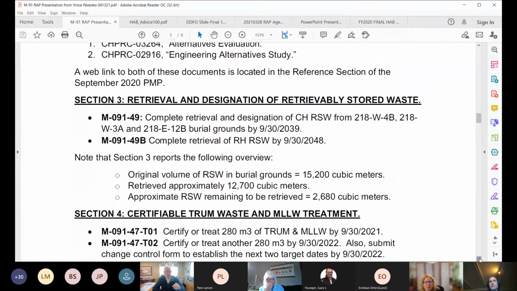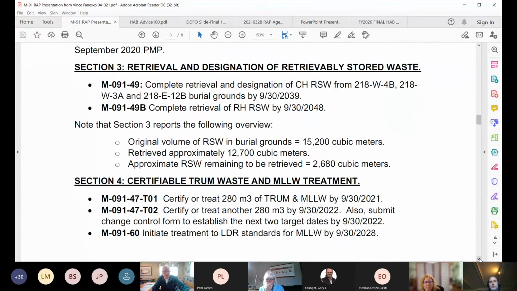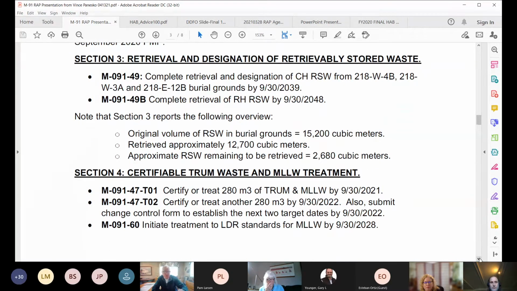I'm going to quickly go over what these sections talk about, and it's consistent with the previous presentation at the last meeting that talked about WIPP, the deadline for shipping to WIPP moving from 2030 to 2050.